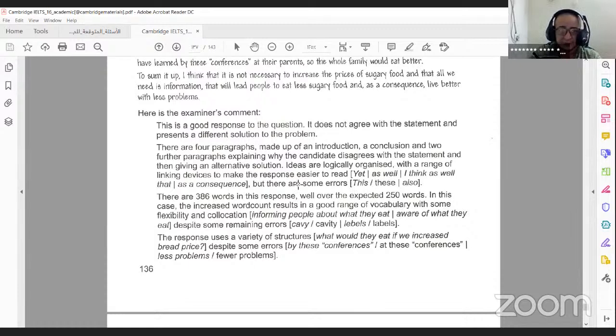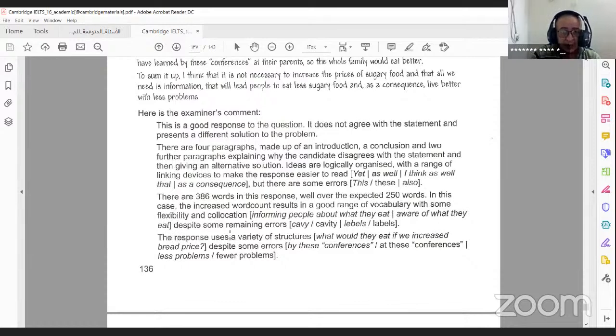And also, there are 386 words in this response, well over the expected 250 words. In this case, the increased word count results in a good range of vocabulary with some flexibility and collocation, such as informing people about what they eat, aware of what they eat.